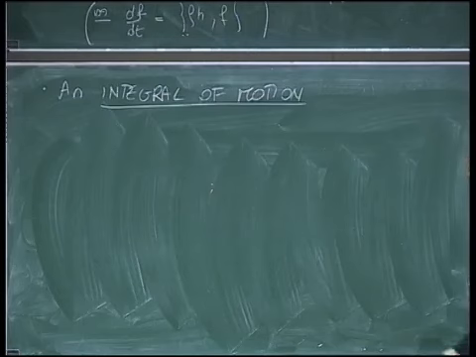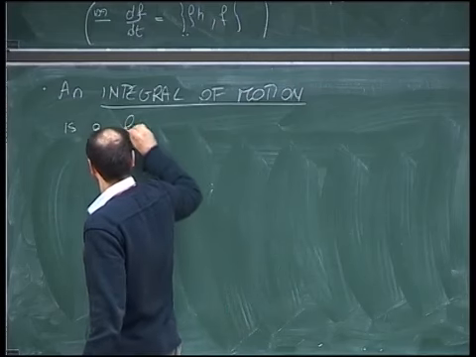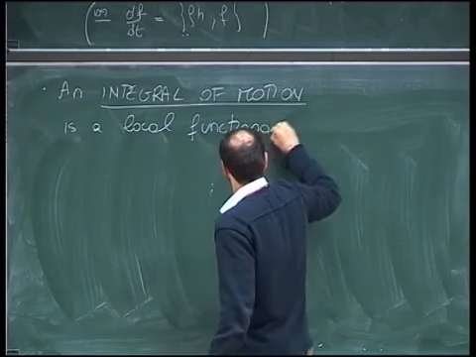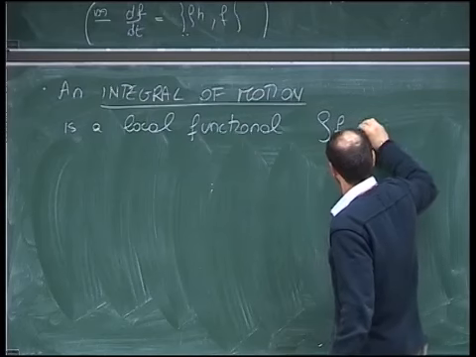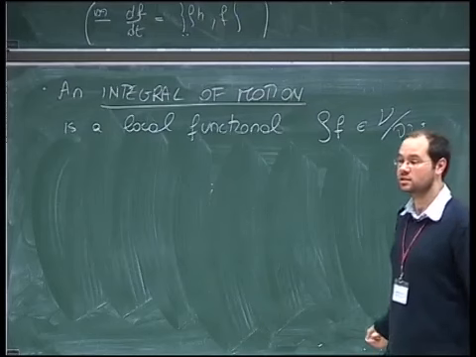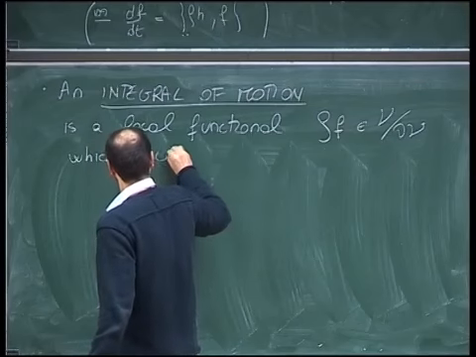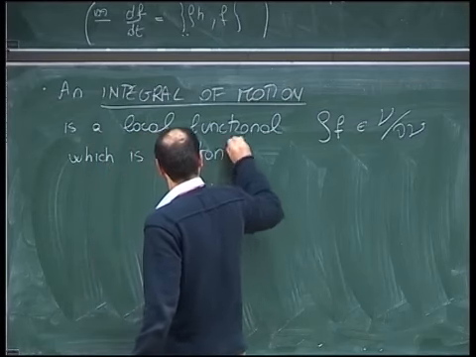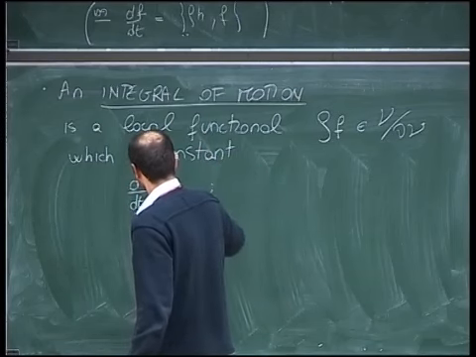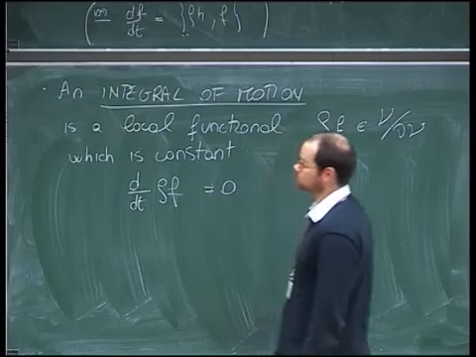An integral of motion is a certain local function which is constant in time, namely the time derivative of this integral is equal to 0.